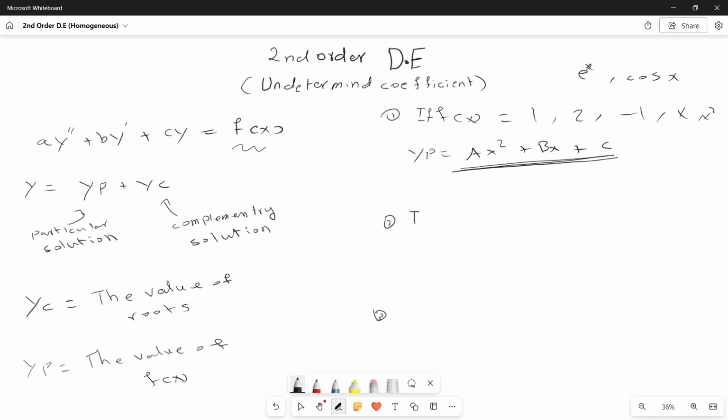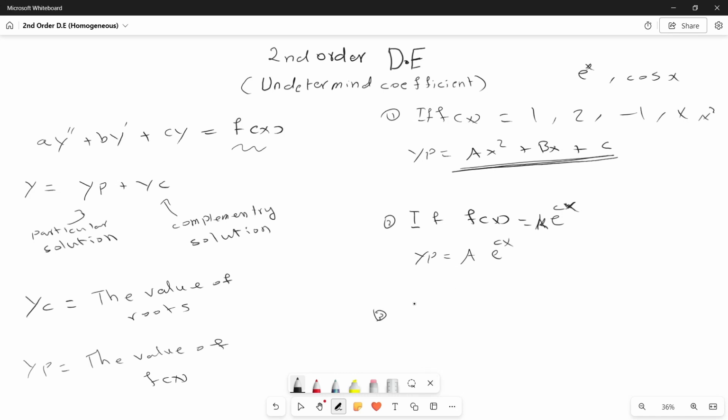If the second one, if f of x is equal to an exponential value, for example k e to the cx, where k and c are constant numbers, then our particular solution would be a times e to the cx, where c is a constant number and we have to find a.